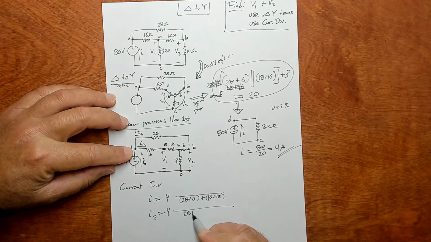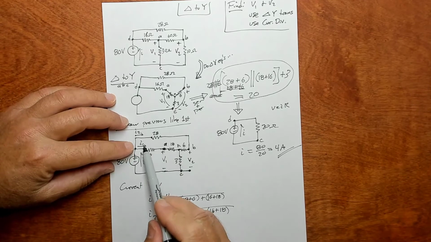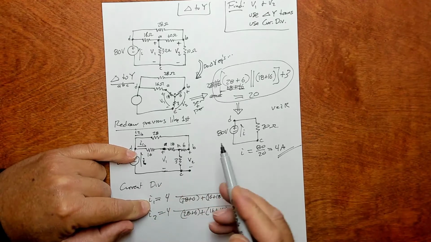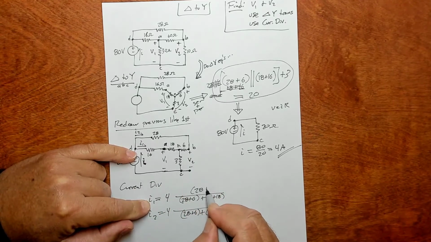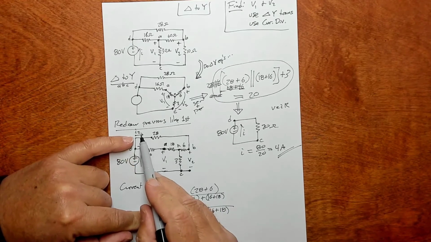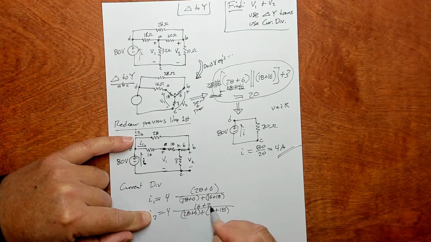So those are the denominators. The branch here is 16 and 18, and the branch here is 28 and 6. Then for I1, we put the opposite side on the top, so 28 plus 6. And for I2, we put the opposite on the top, or 16 plus 18.